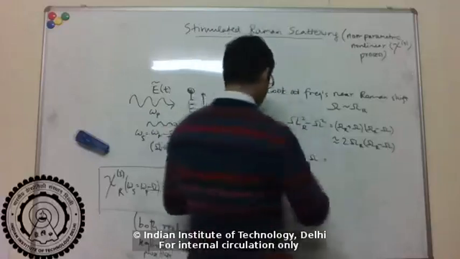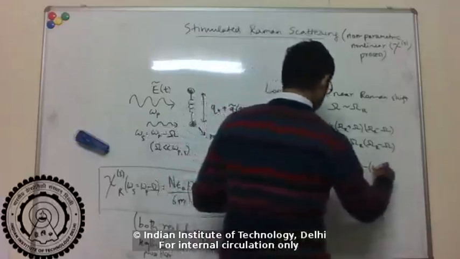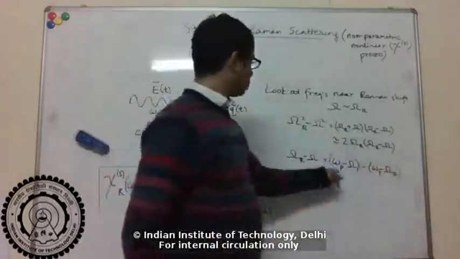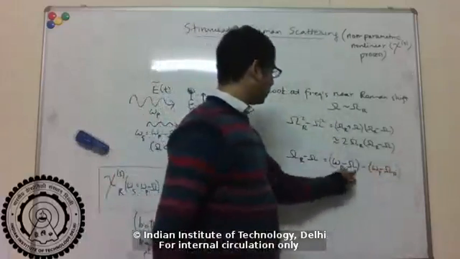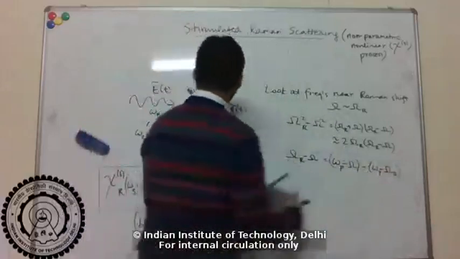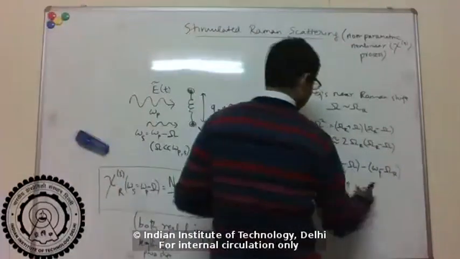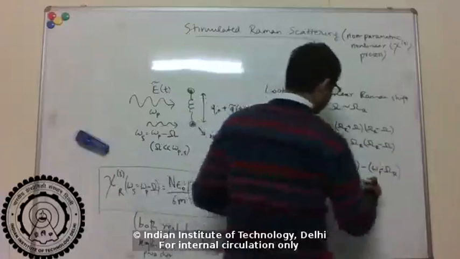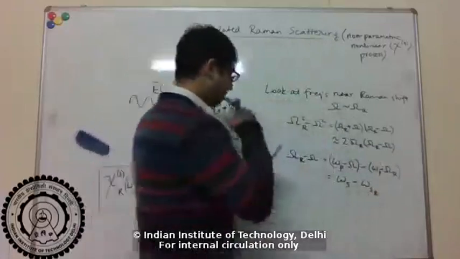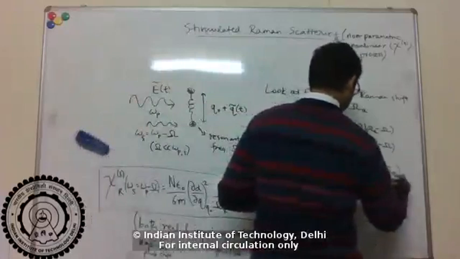So omega r minus omega, I can write as omega p minus omega s minus omega r. Okay, so omega p minus omega is just the Stokes frequency, and this omega p minus omega r I call the Stokes resonant frequency. So this thing is the Stokes is equal to this.